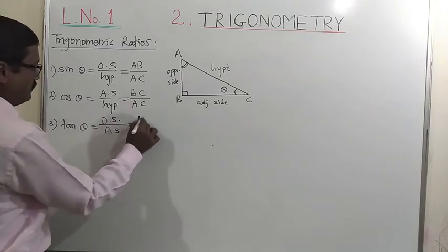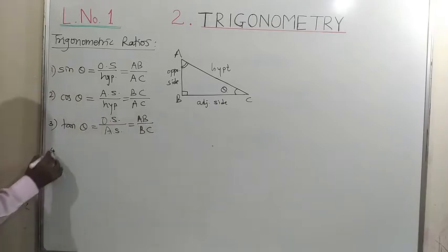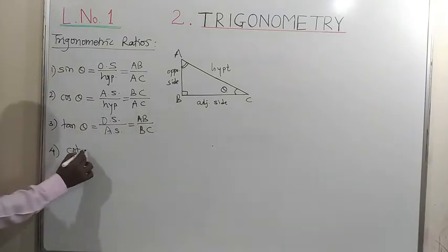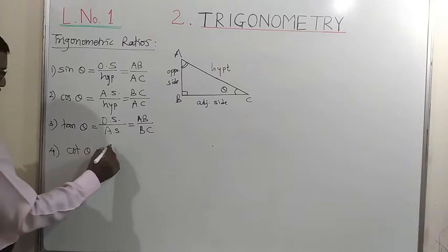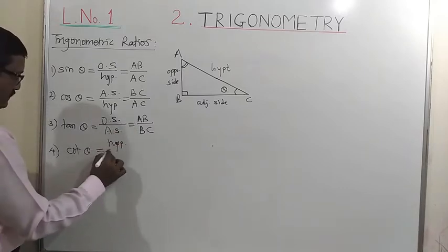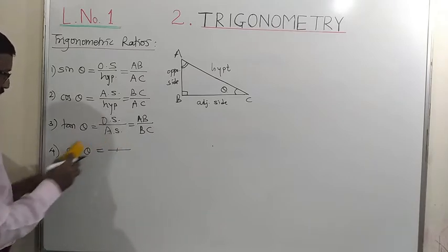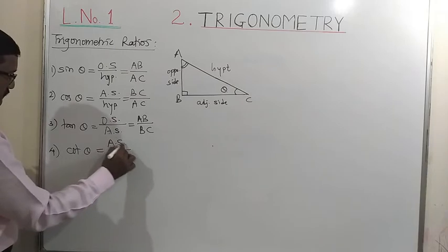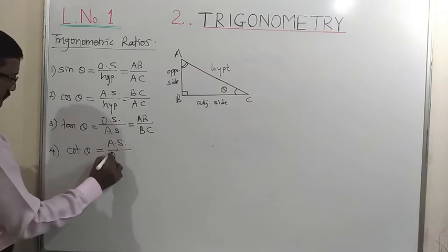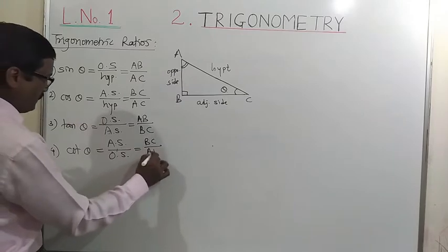So it is equal to AB upon BC. The fourth ratio is the cotangent ratio, that is cot theta. It is nothing but the adjacent side upon opposite side. So it is equal to BC upon AB.